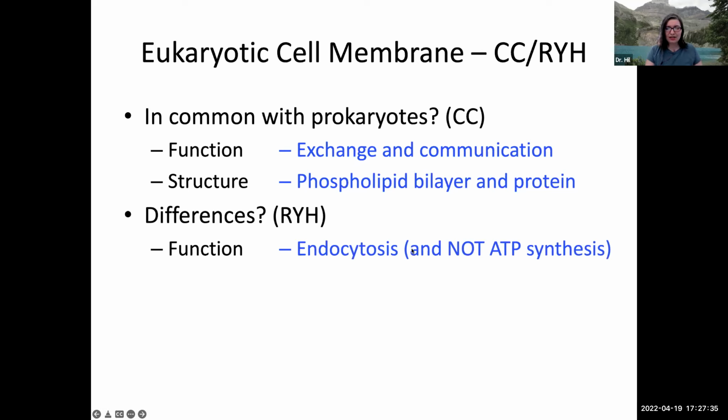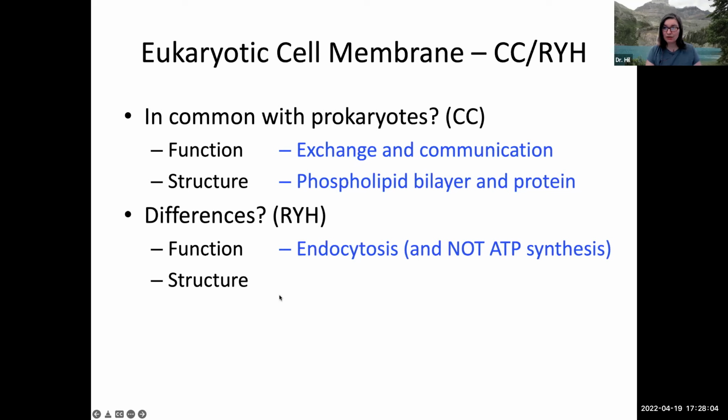Now, the other thing that's different is, remember we talked about how prokaryotes have put some of their respiration and photosynthesis machinery in the cell membrane, right? Because they don't have organelles. But that's been delegated in eukaryotes to the mitochondria and chloroplast organelles. So the ATP synthase and all the associated bits and pieces like the electron transport chain and any photosystems, they're not in the membrane anymore.